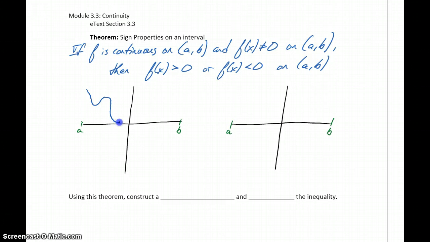We can get really, really close to a function value equal to 0, but we can never cross the x-axis itself. So if our function value can never be equal to 0, there's no way to cross into negative values. Same thing if we started off with a function that was negative. We could get really, really close to the x-axis, but never cross it because our function can't be equal to 0. So our function has to stay negative if it starts negative.